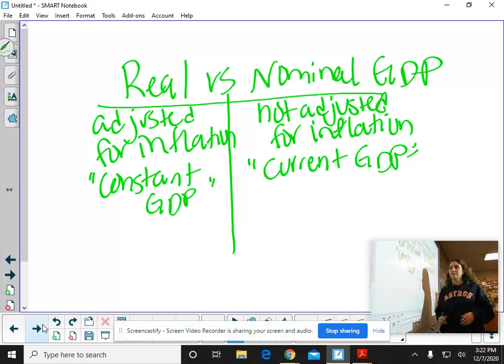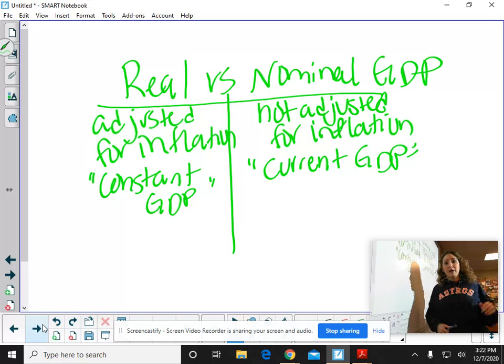And what's being held as current or constant is the purchasing power, the price. So if we hold prices of everything the same forever and just measure everything that's been bought and sold, then that's going to be real GDP. We've adjusted for inflation. We pretend that there hasn't been any inflation.